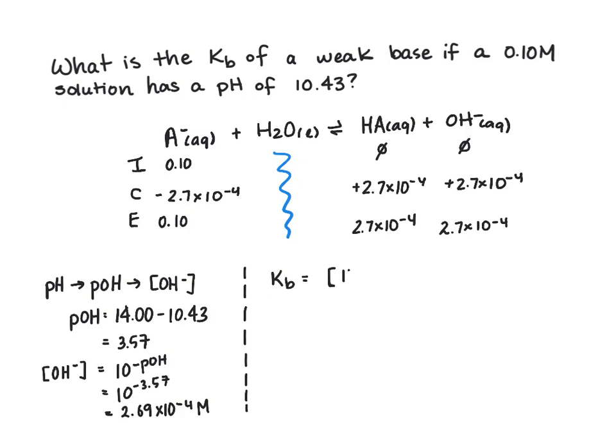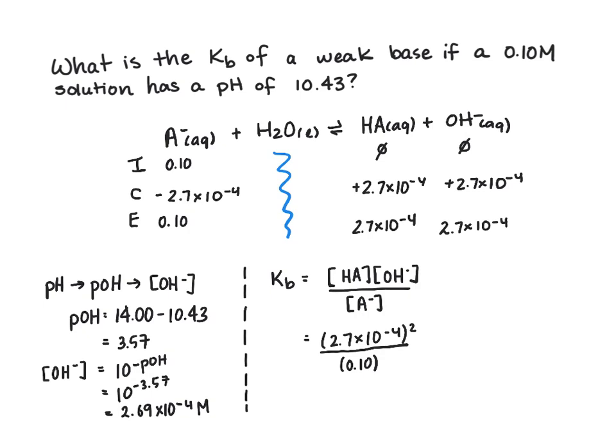So it's always HA, the conjugate acid, times hydroxide divided by A minus. And that's going to equal 2.7 times 10 to the negative 4 squared, because there's the same value twice, divided by 0.10.